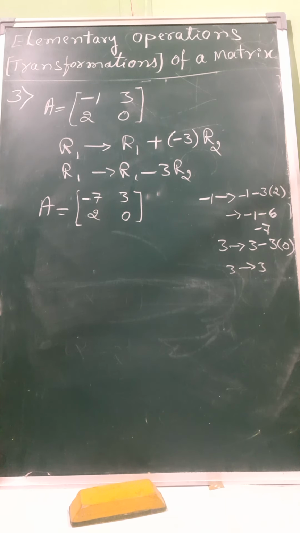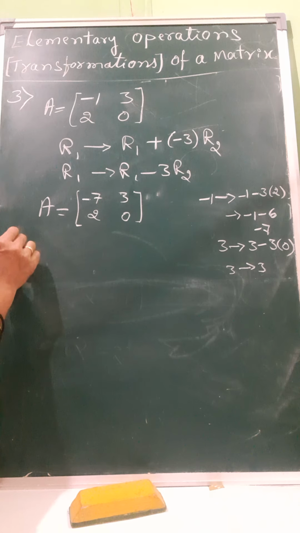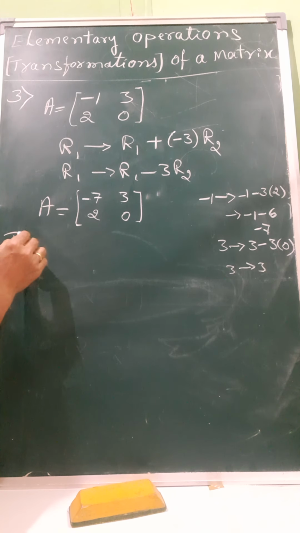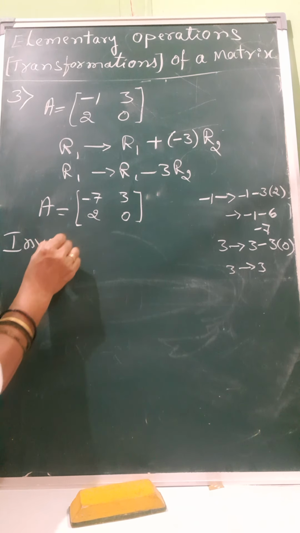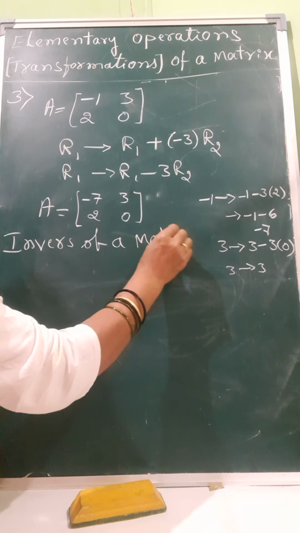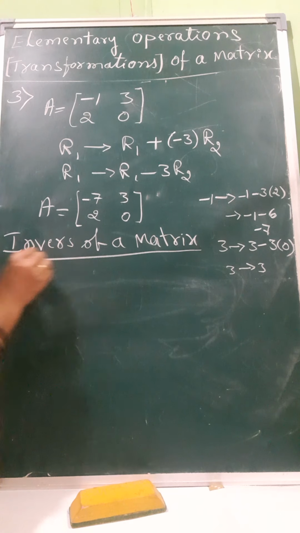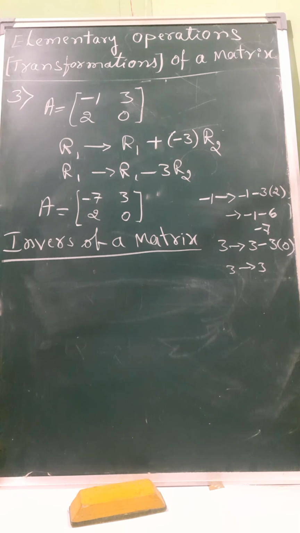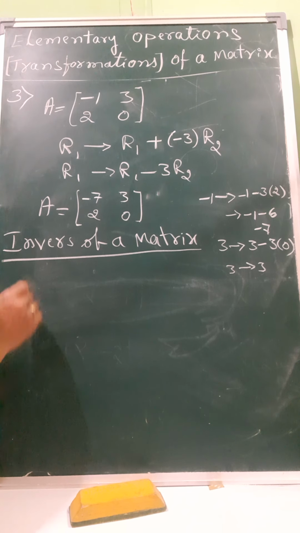I will take the steps here for the inverse of a matrix by using elementary operations. In the first step, I will take row operations only. We can take column operations also.